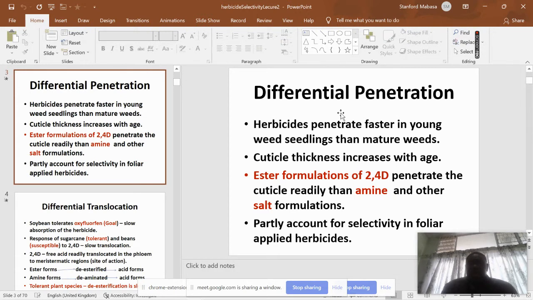If it is in an amine form, it may not easily penetrate the cuticle. So for 2,4-D, preferably let us use ester formulations compared to amine and salt formulations. So this could partly account for selectivity in foliar applied herbicides. It's because it is based on the cuticle penetration.